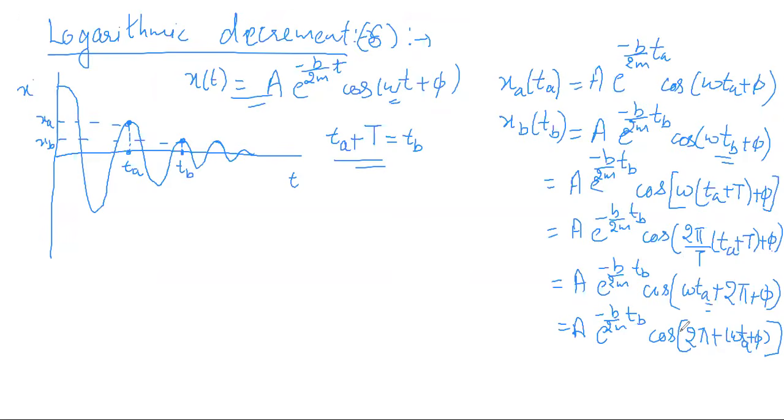If you have cos 2 pi plus x, that is equal to cos of x, which basically means that I can rewrite this term as A e raised to power minus B upon 2m. And now let's plug in the value of TB here also, which was equal to TA plus T. I didn't plug in the value earlier because otherwise I had to write it everywhere. So you'll have cos of omega times TA plus phi.